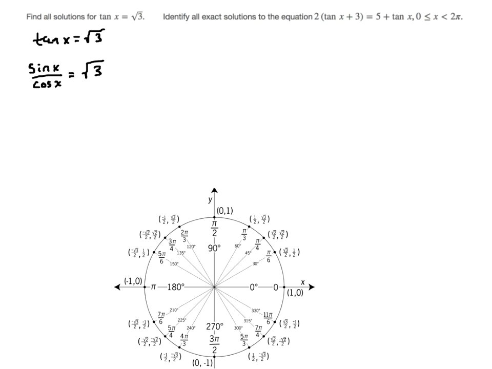So basically we're trying to figure out, when can we divide the y-coordinate of one of those points by its x-coordinate and get the square root of 3?